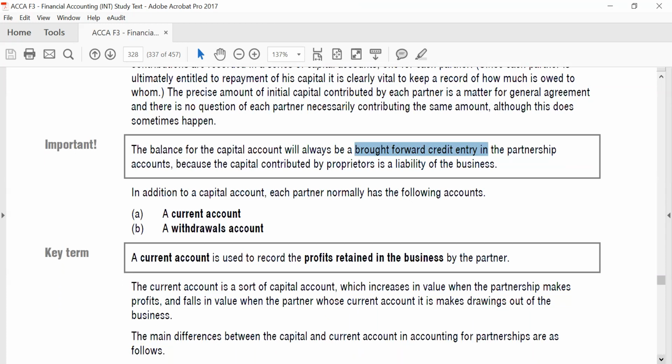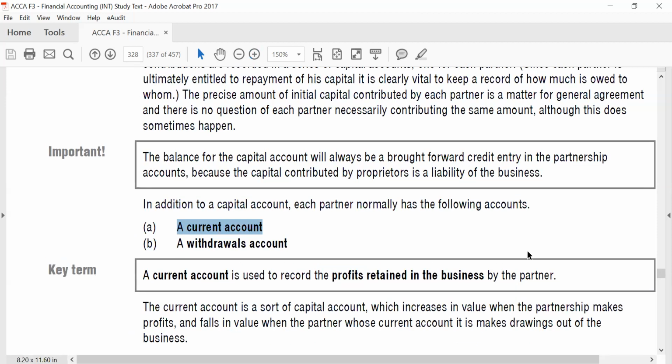something that is new here, which is very unique to only partnerships. So we have what we call the current account. Now, partners can choose to have their capital account either fixed or floating.